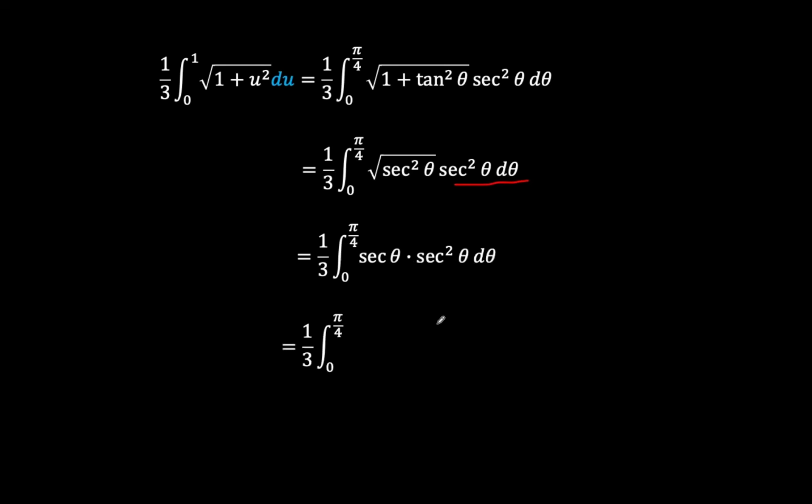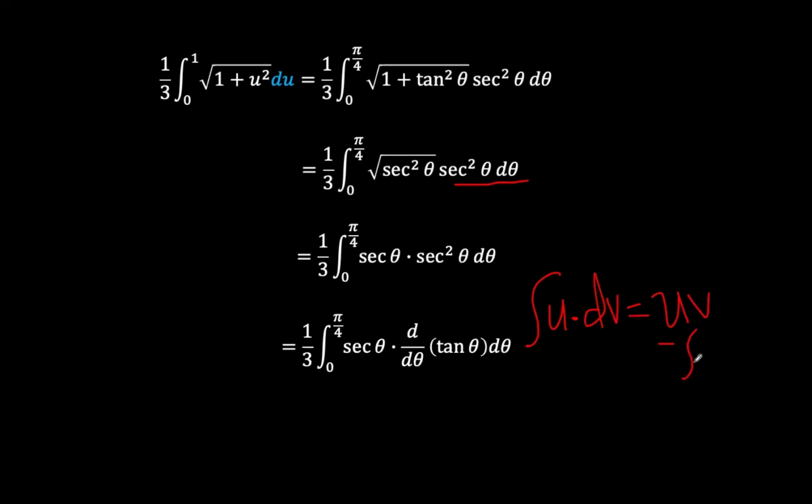Now, sec squared theta can be expressed as the derivative of tangent of theta. And we can now use integration by parts, where if we have a product of U dV, the integral of that is UV minus the integral of V dU.